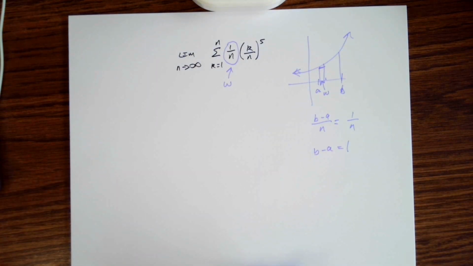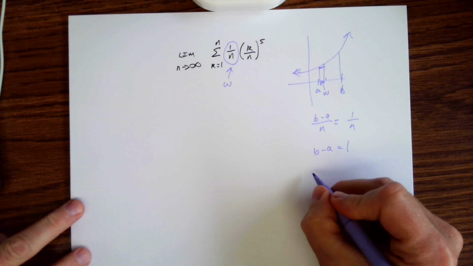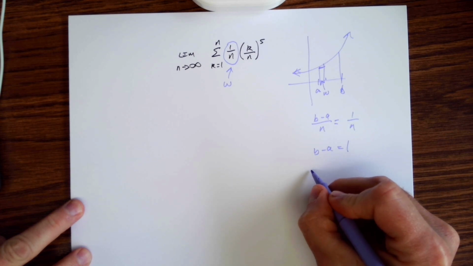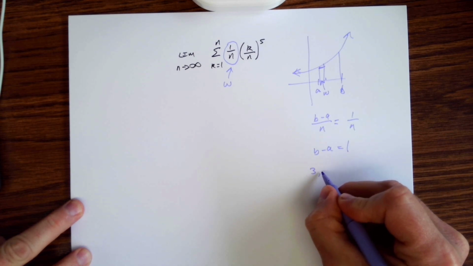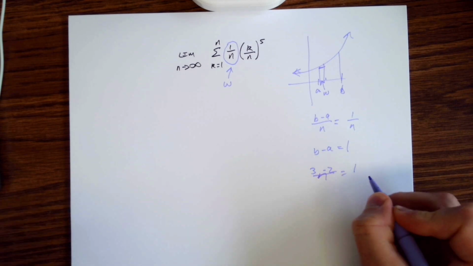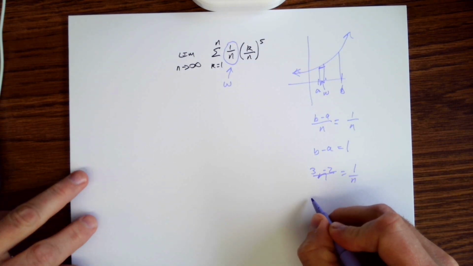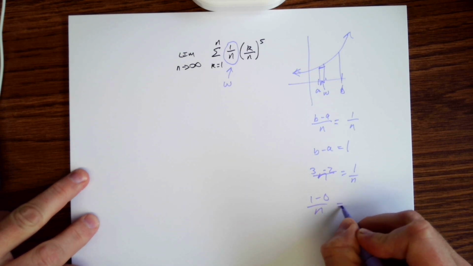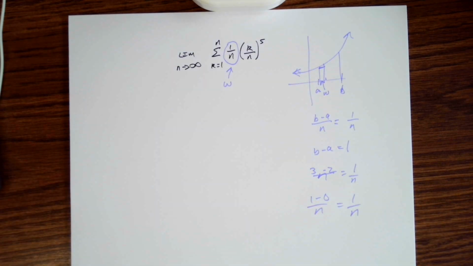Well, how does that happen? That happens when they're just 1 unit apart. So we're going from 3 to 2, right? So 3 minus 2 over n would give us 1 over n. 1 minus 0 over n would give us 1 over n, right? What it means is the interval that we're dealing with is just 1 unit.